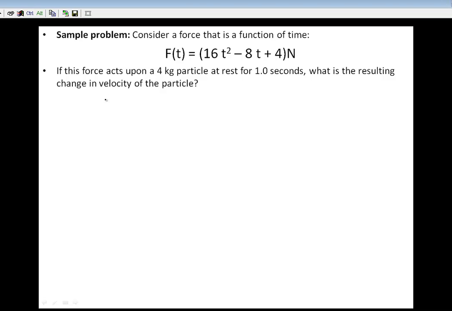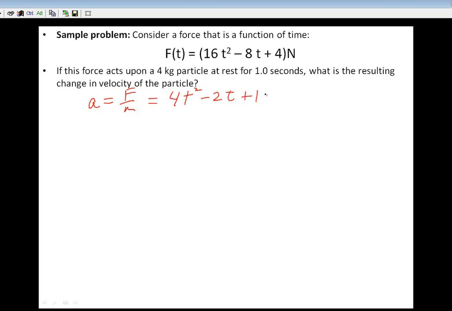Divide everything by 4 to find the acceleration, right? The acceleration is the force over the mass. So what will that give me then? Divide everything by 4: 4t squared minus 2t plus 1.